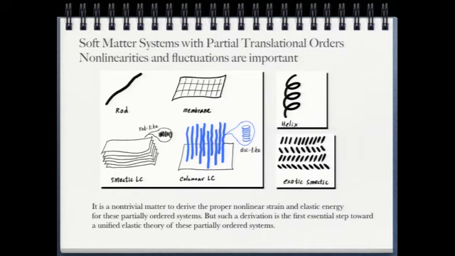We also have a columnar phase, which is essentially an array of parallel liquid lines, so one-dimensional liquids stacked next to each other. If you zoom in, each line is made of disk-like molecules. These systems have very different nonlinear elasticities, so we will have to treat them correctly.